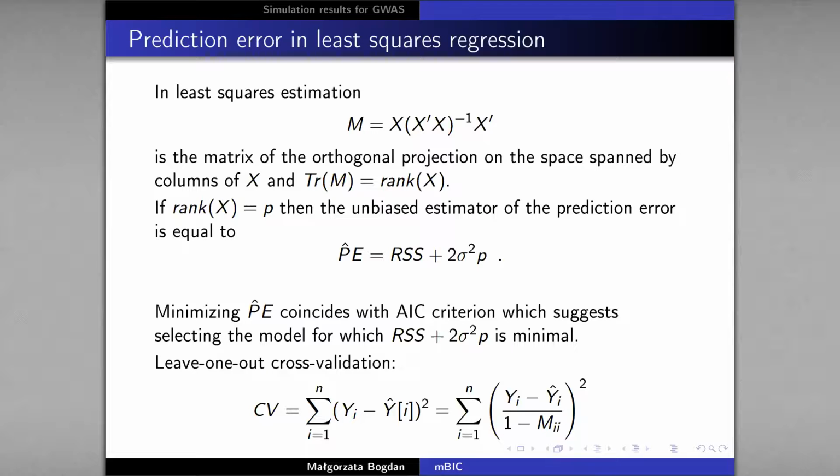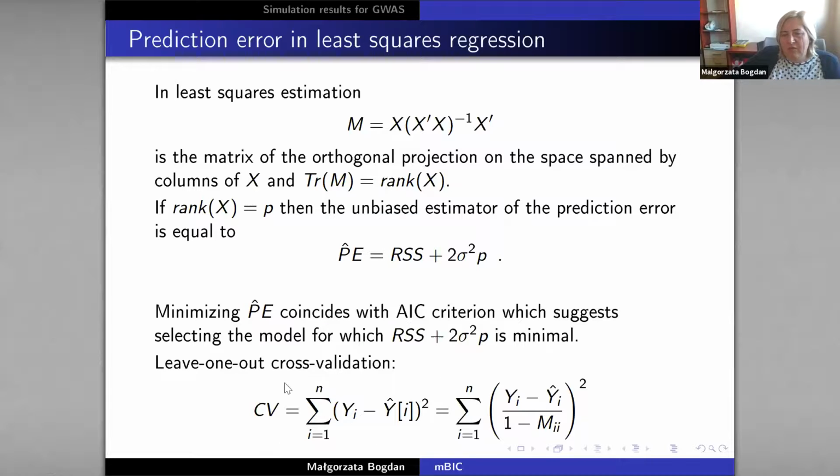You can also use cross-validation to estimate prediction error. Cross-validation works this way: you take your sample and split it into some parts. Let's say you split your sample into 10 parts. One part is going to be a test set, and the other 9 parts together make a training sample. You train your model on 9/10 of your data, use it to predict the remaining 1/10, and measure the accuracy of your prediction. This is a very tedious procedure because you have to split and repeat it many times.